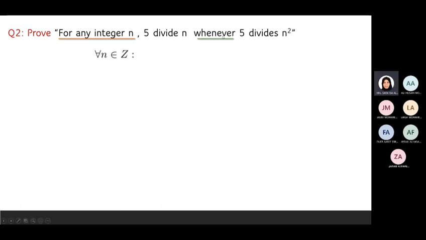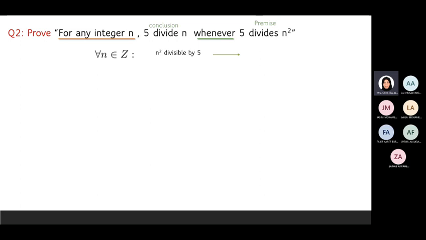This keyword whenever أقدر أعبر عنها بالimplies statement. صح؟ With the keyword whenever, this will be the premise and 5 divides n will be the conclusion, because whenever starts with the conclusion, whenever premise. So the premise 5 divides n square should be here.